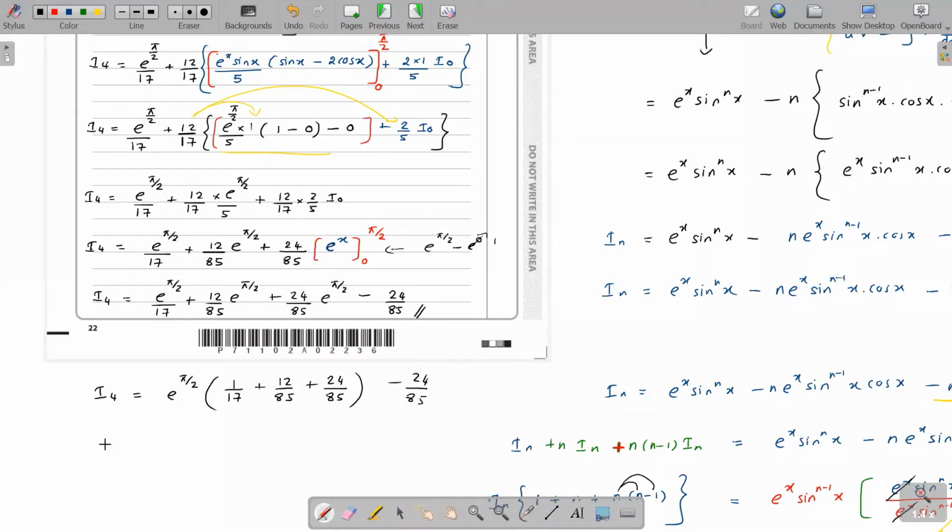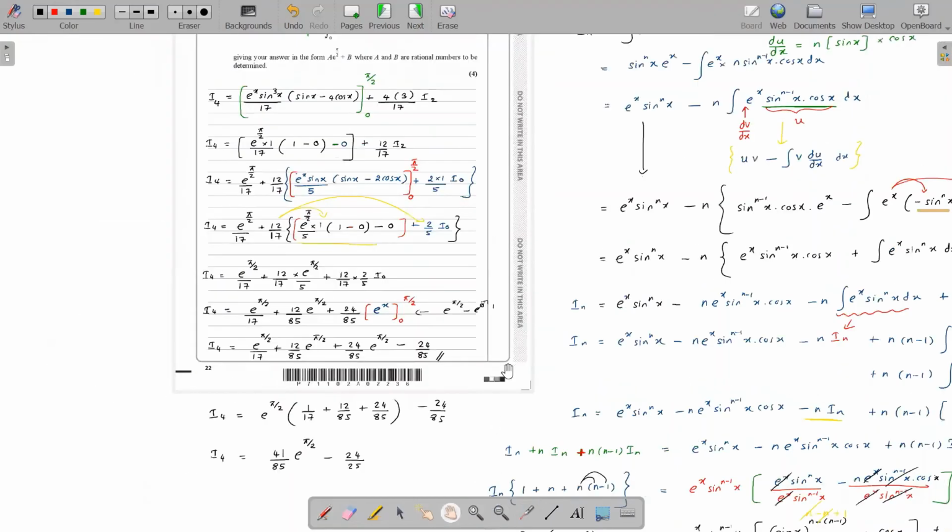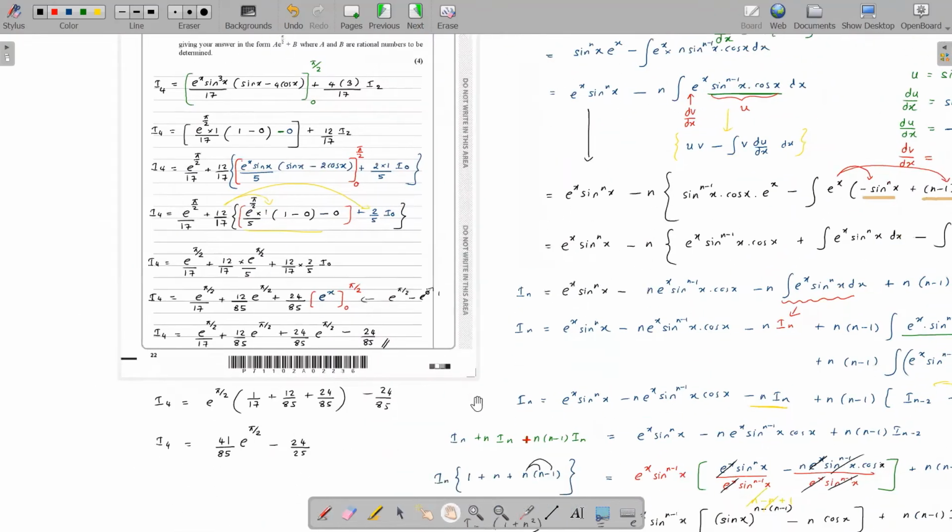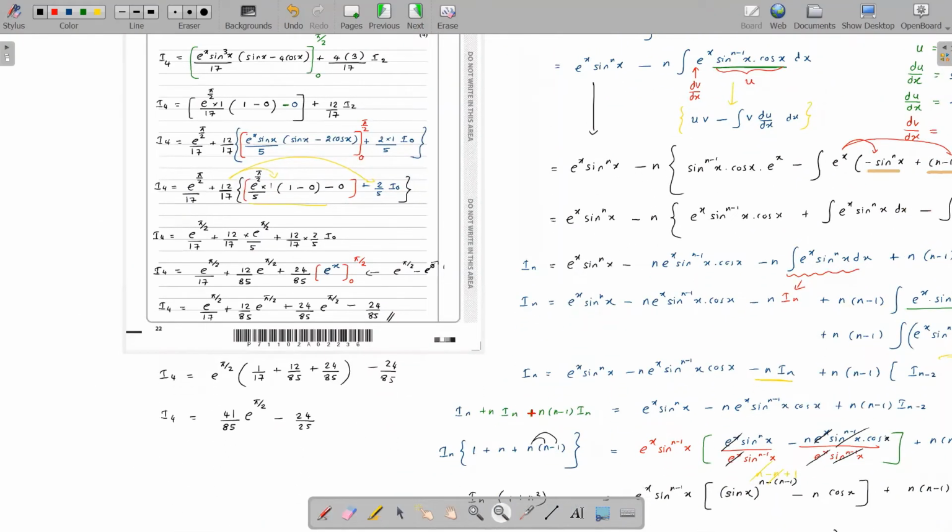Yeah, we can simplify this, right? What do we get here? 1 over 17 plus 12/85 plus 24/85 is 41 over 85 e to the power pi over 2 minus 24/85. So a e to the power pi over 2 plus b. Okay, so you get the values of a and b. Can you see? a and b are rational numbers. So we got rational numbers here for both a and b. Is this clear?